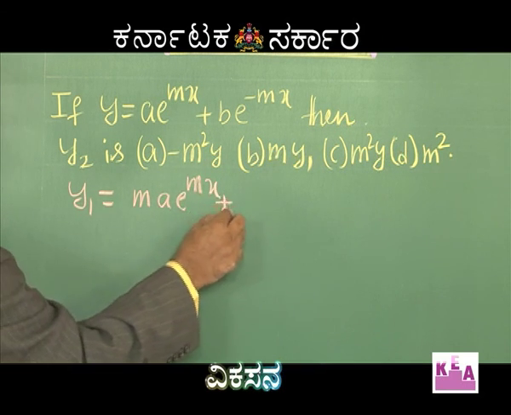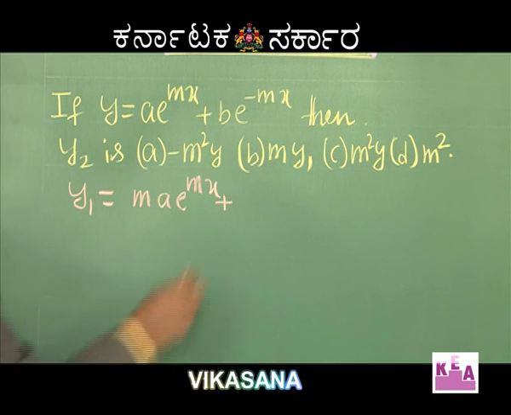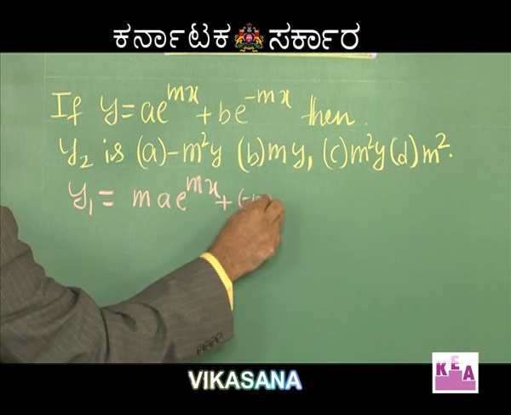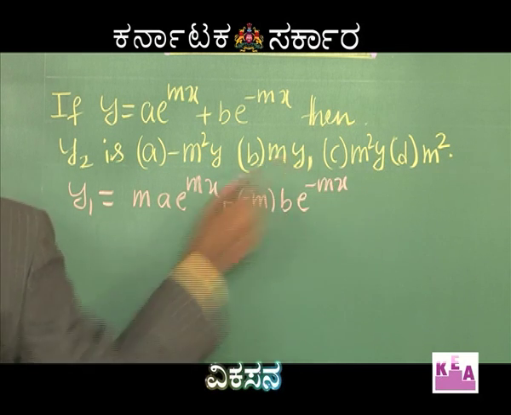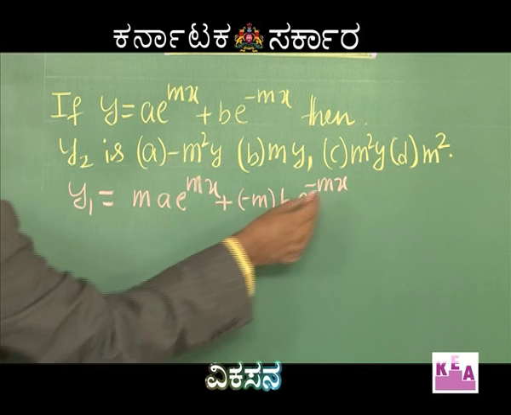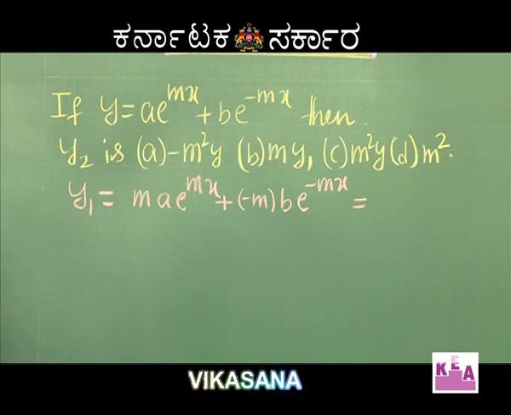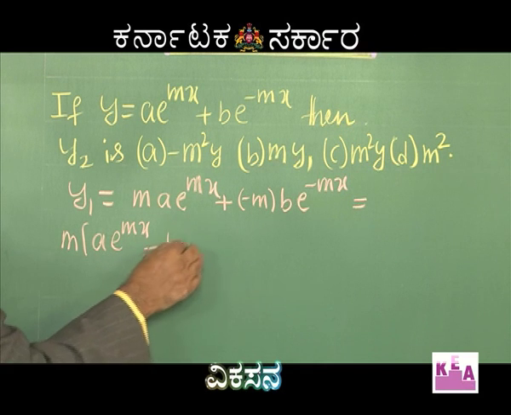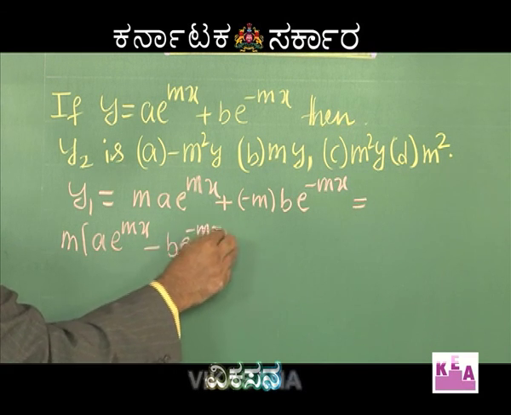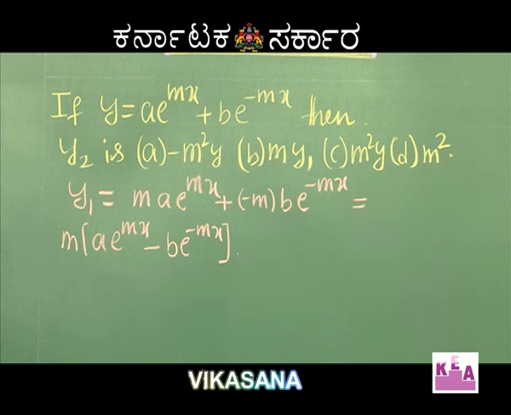Plus B into e power minus mx differentiation is minus m B e power minus mx. Do you agree with me? That is equal to, we can write it as m into (A e power mx minus B e power minus mx).